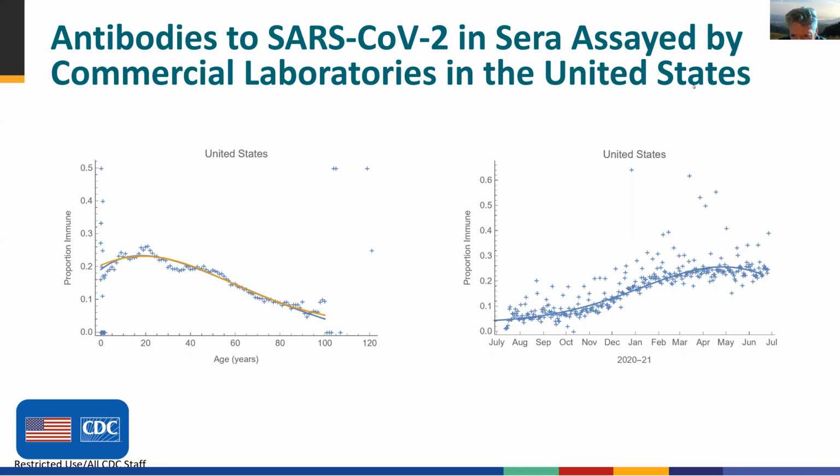Absent passively acquired maternal antibodies, these curves should pass through the origin. The regressions are weighted, but too few children were included to evaluate that possibility. The curve on the right figure also is a cubic polynomial, and you can see a little bit of evidence of a decline toward the end, but it's really too soon to tell if naturally acquired immunity is waning.